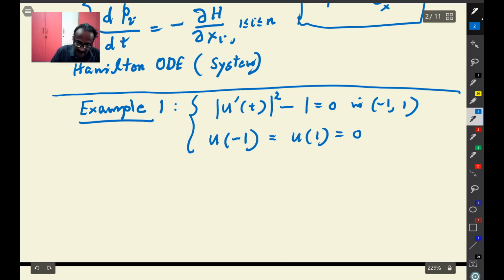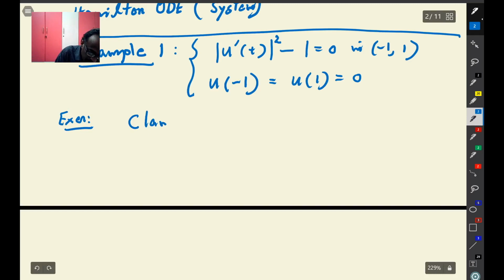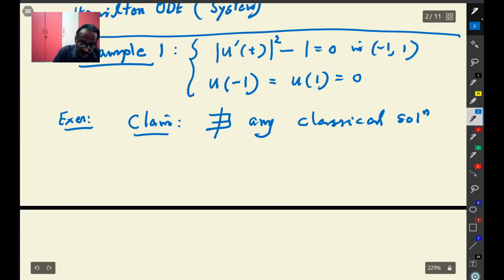I will not be doing all the details, so you can work them out as an exercise. It's a trivial exercise; the claim is that there does not exist any classical solution. So you see, this is a very simple equation, and even for such a simple equation you are unable to get a classical solution. It's a typical nonlinear problem.